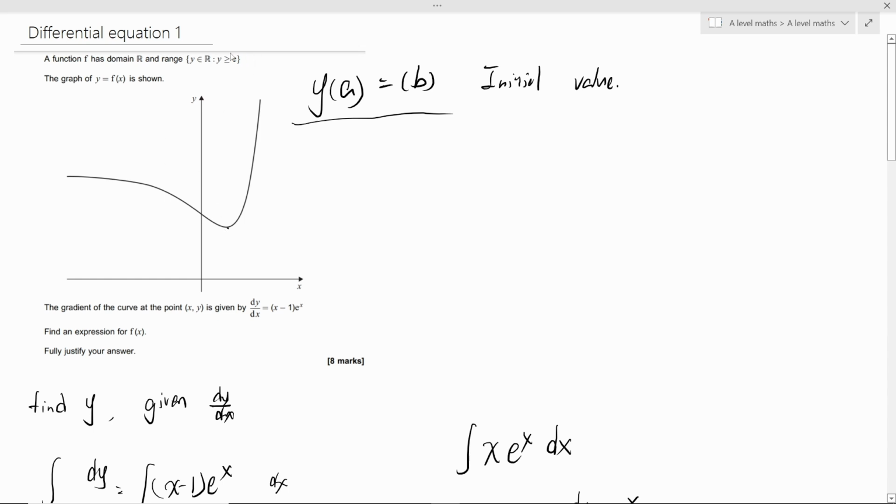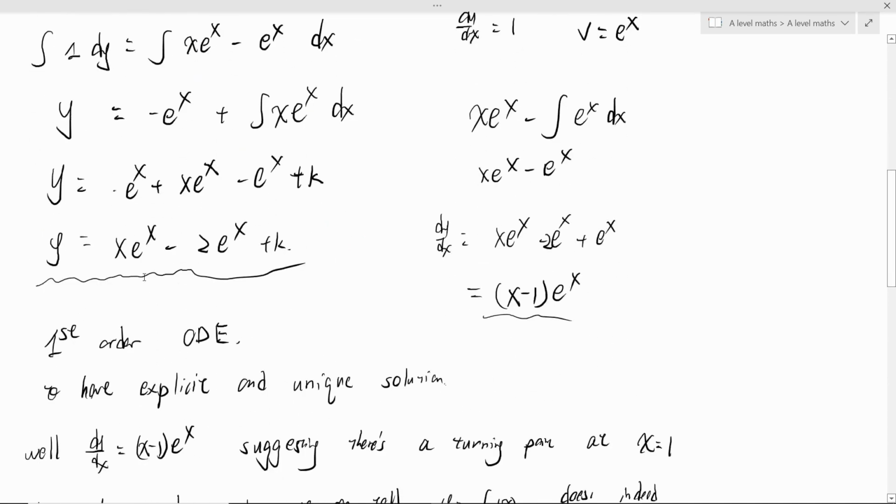And then use some other information, the domain, the range. The function is bounded below, it achieves its minimum at e, and the minimum at x is 1 is unique. There are no other turning points, hence no other minimum for this function. That means y is e must be the y-coordinate at x is 1. That provides you a nice initial value. We can just substitute and proceed on.